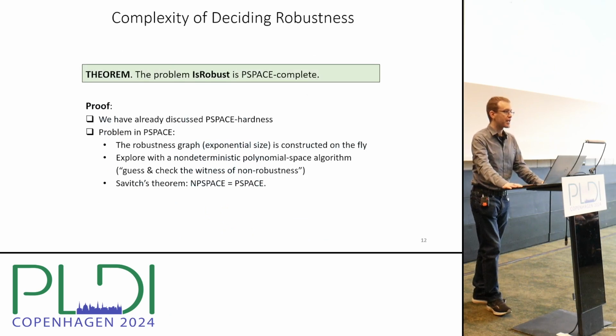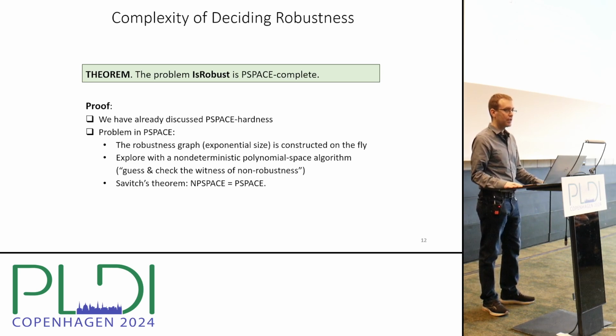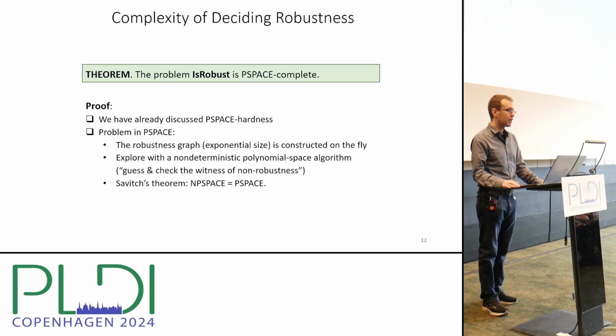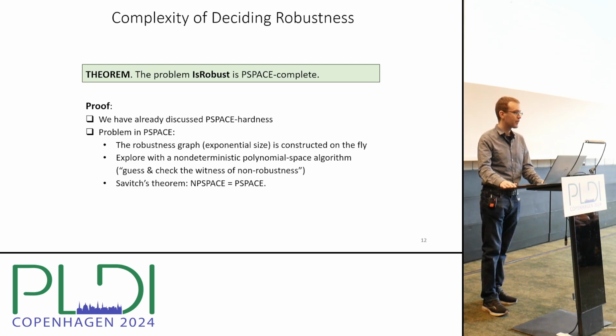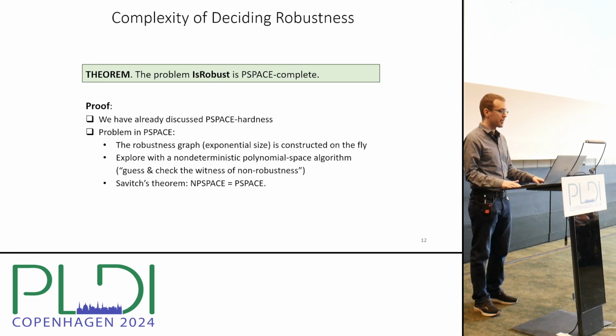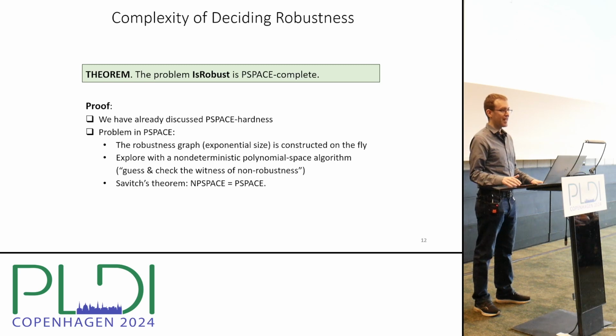Okay, using all these ideas that I just described, we can now finally prove that the problem is robust, is PSPACE-complete. I have already discussed that the problem is PSPACE hard. It remains to see that the problem belongs in the class PSPACE. So the first observation is that the robustness graph has exponential size, but we can construct it on the fly.